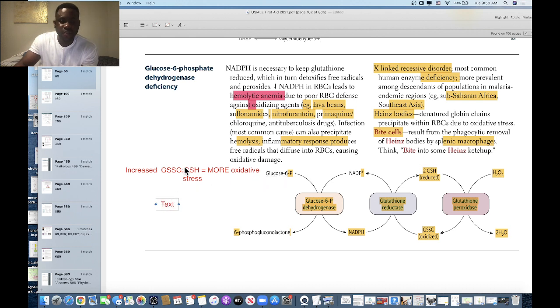Take note: if we have a decrease of this ratio, for example, if I have decreased GSH to GSSG, it will also mean that there is more oxidative stress.